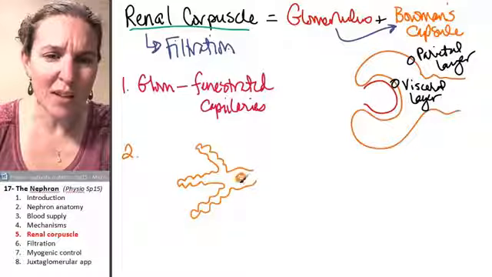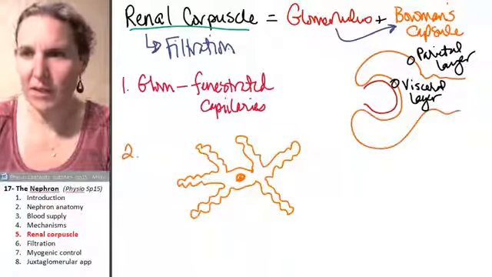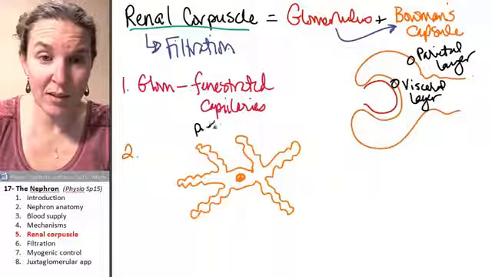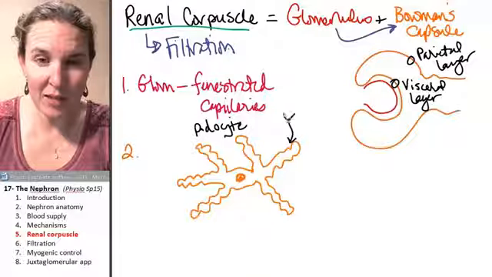Like here's my nucleus, and I'm not very excellent at drawing these. But do you see how they've got, okay, let's label these. This whole thing is a podocyte. Podocyte. And this part is a pedicel.